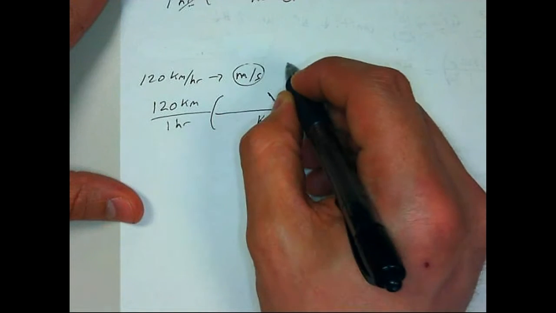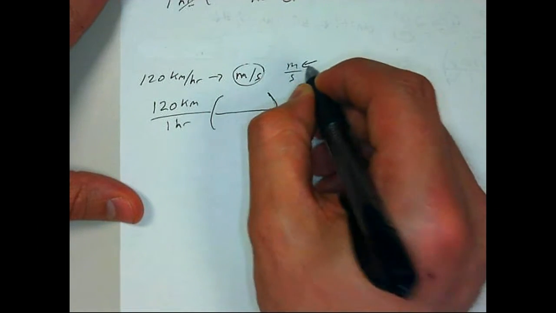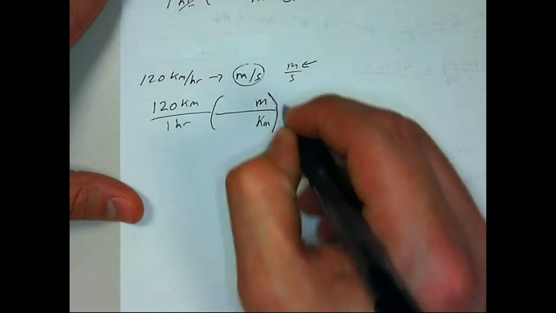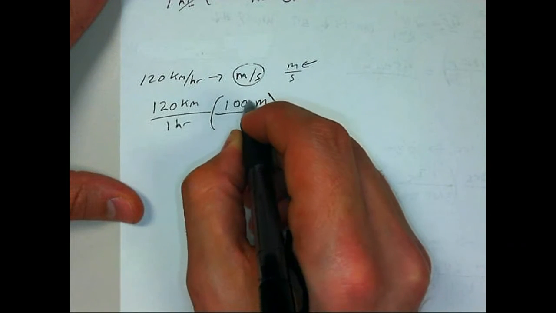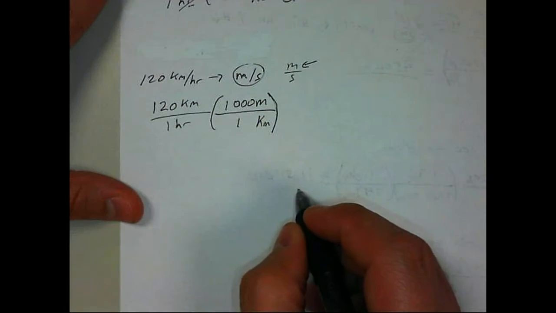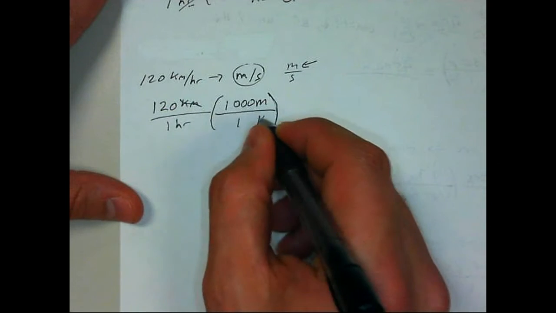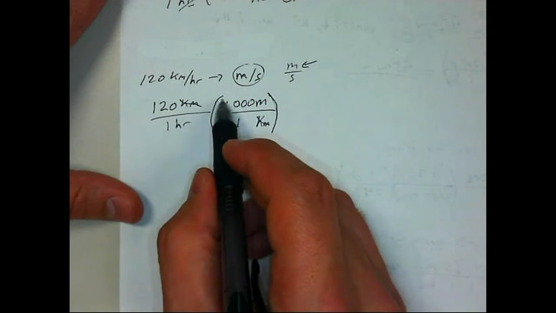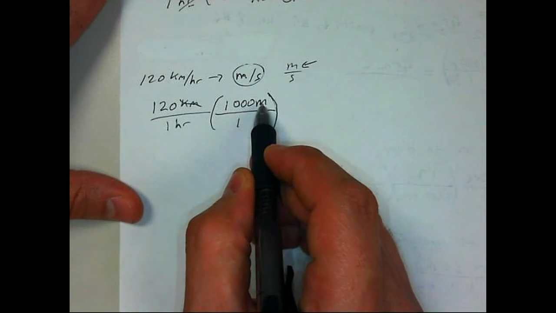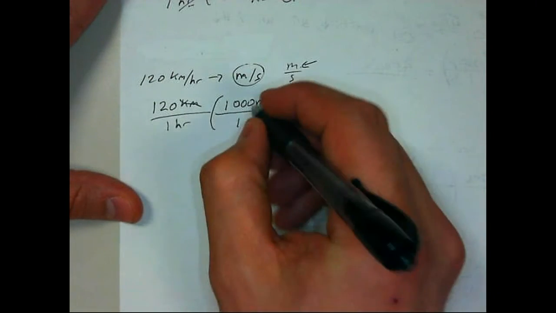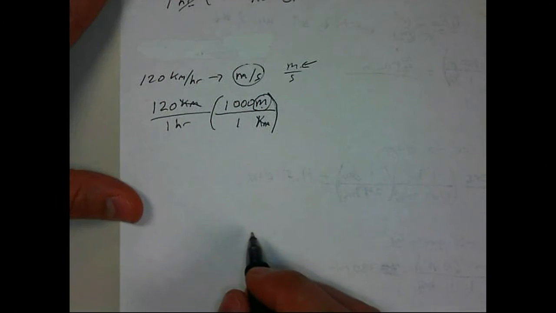I want to go to meters per second. I want meters on the top. And I can tell you that there are 1,000 meters in 1 kilometer. Kilometers cancels out. And we're done with our top unit because we got meters up here, which is what we wanted. So we're good to go right there.